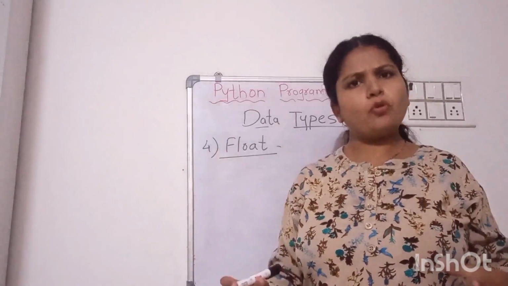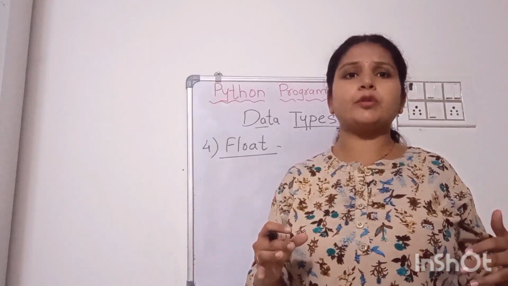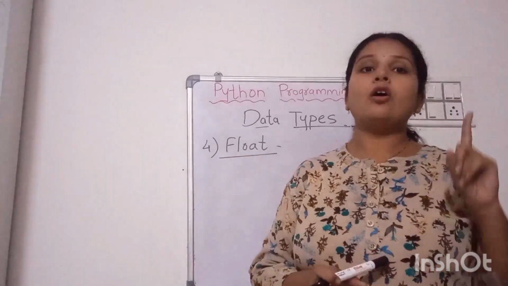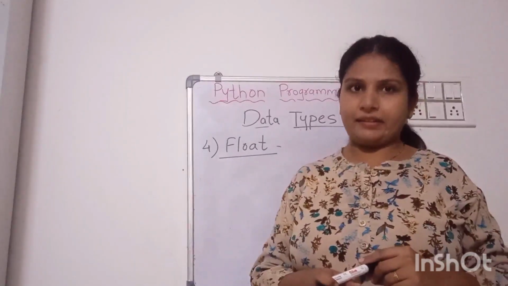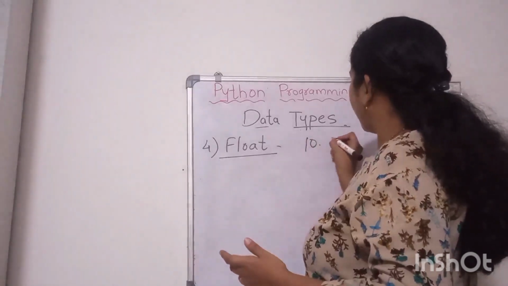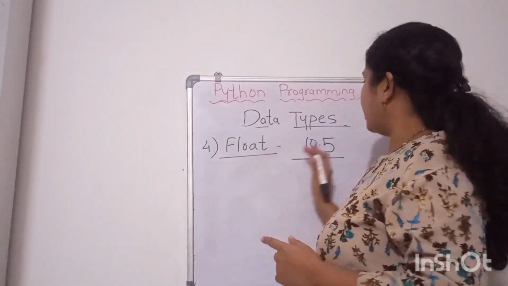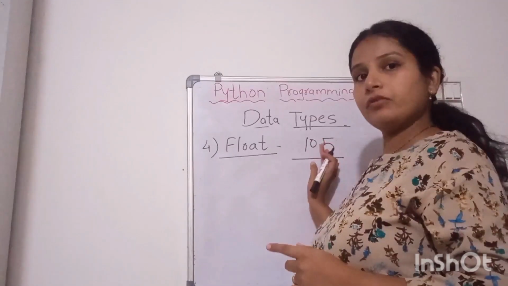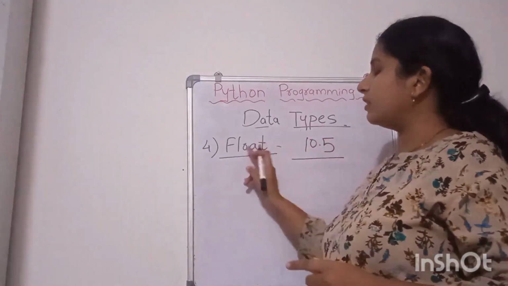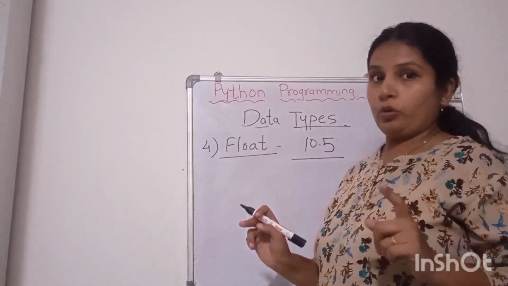But suppose you want to take the number in decimal point or floating point form, then you consider float as the data type. Example of float is suppose 10.5. Okay, 10 decimal point then 5. When you need to display the number like this, then this data's type is float.